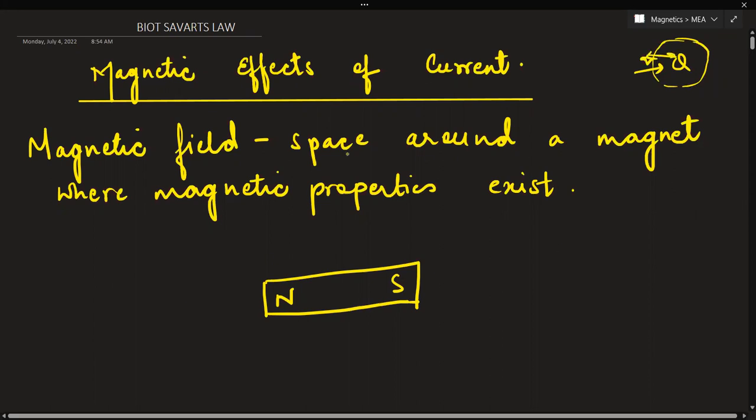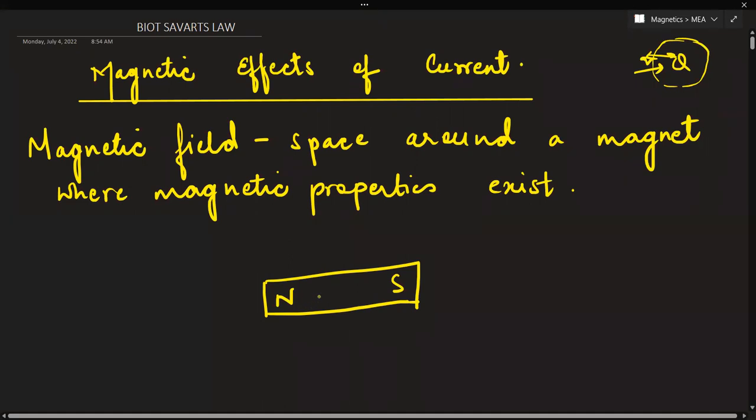Similarly, electric field was also a property of a single charge. But magnetic field is a property of north and south pole combined together, not a solo charge, because monopoles do not exist. That we'll study. When we study magnetic dipoles, everything gets repeated in magnetism. Like you had electric dipole, you'll have magnetic dipole and everything. So there we'll see.